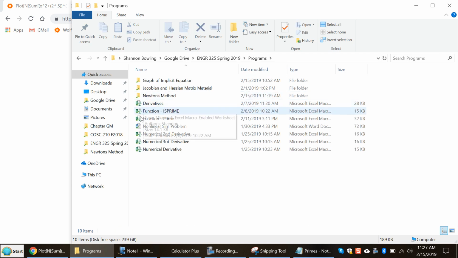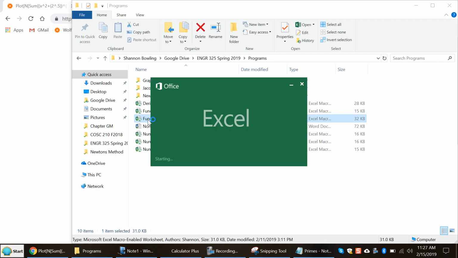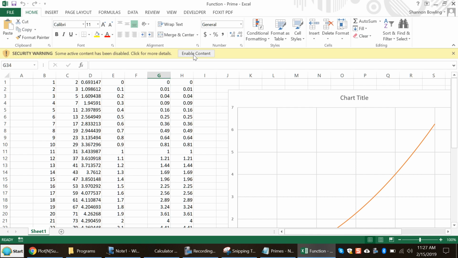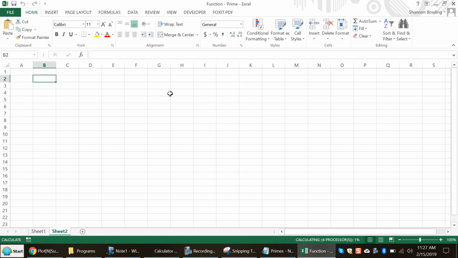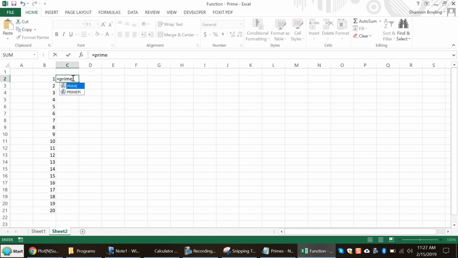What's your purpose here? Okay, well, what I did is I created a function that I called prime pi. Okay, so let's suppose I take numbers, let's just go 1 through 20, and I type in prime pi of whatever this number is.